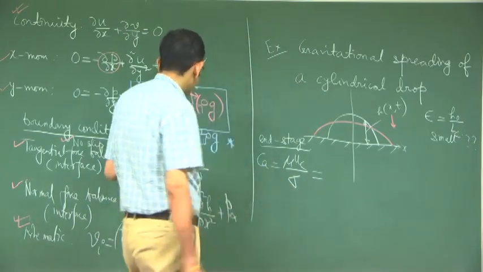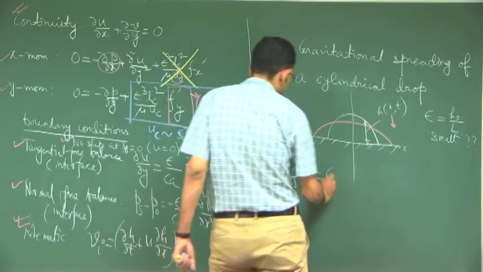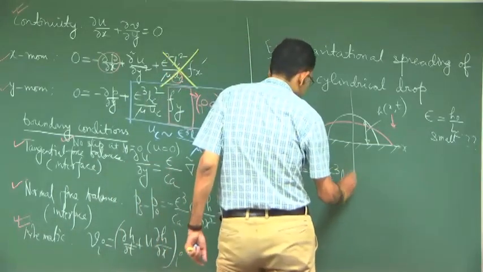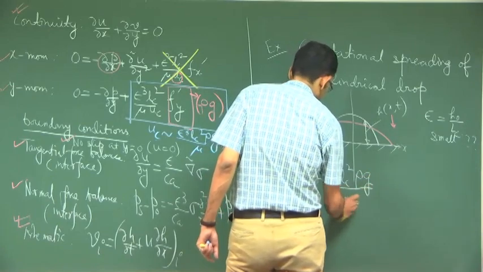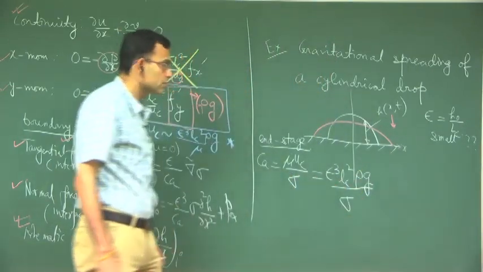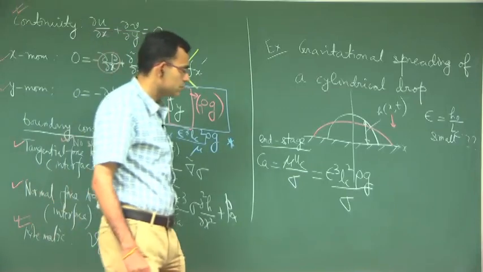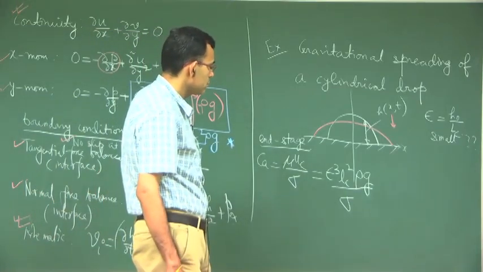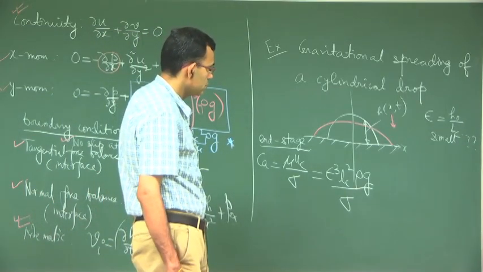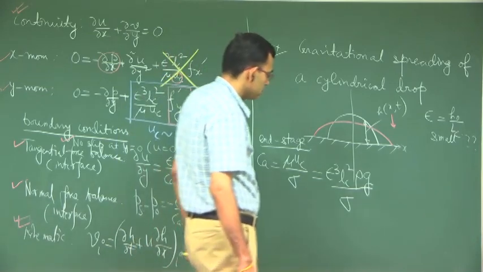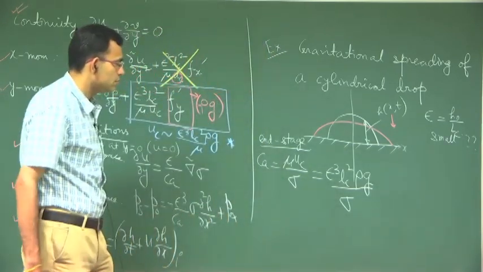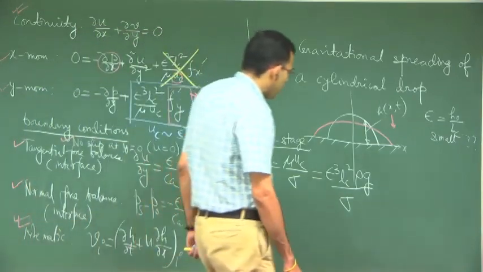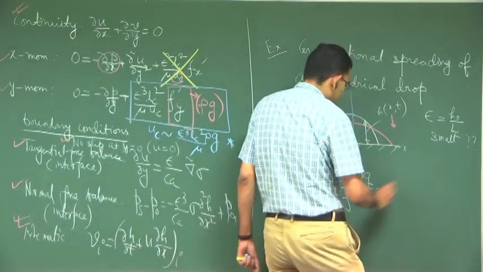So, mu uc by sigma is epsilon cube LC square. So, you divide by LC both numerator and denominator.